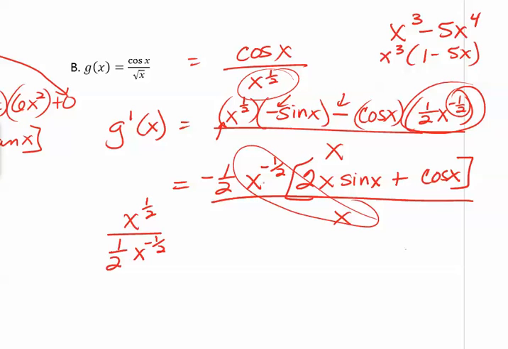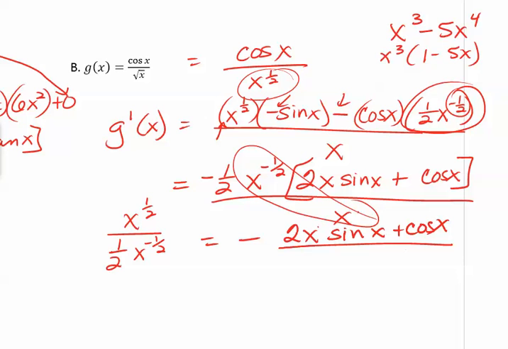You could move the negative 1/2 down to the denominator, or you could move this exponent, this denominator, up here if you want to keep negative exponents. So it's really up to you. I suspect that a more common way of seeing this would be to move them to the denominator. But you know that there are equivalent forms here.